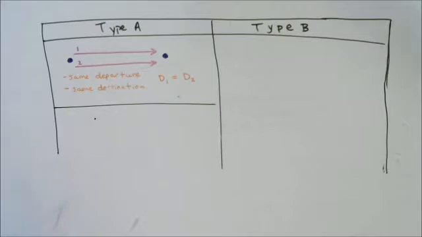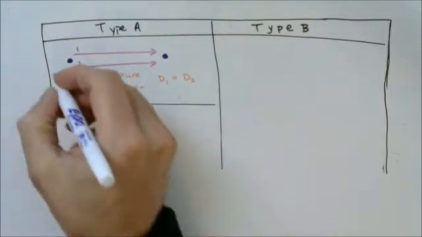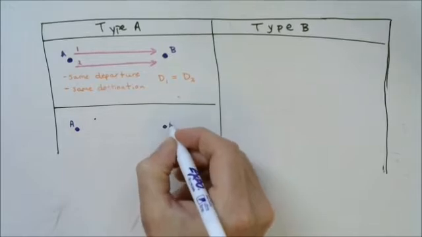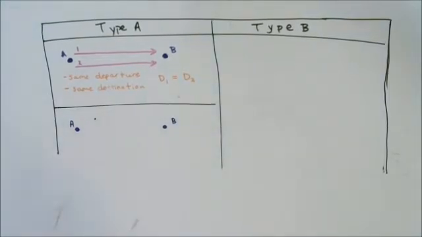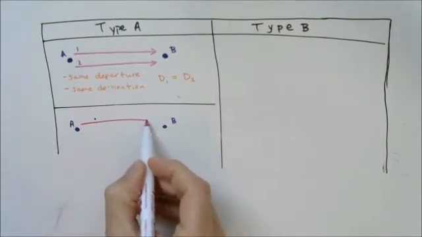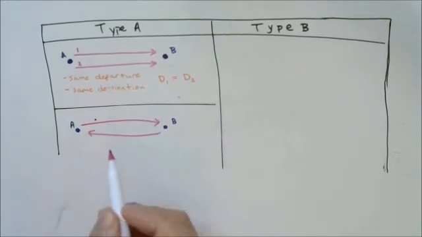Directly underneath that, you have another box, and in that one, we also have point A and point B. But this time, the objects are not traveling the same direction. One of them is going to travel from A to B, and one of them is going to travel from B to A. So again, the distance that they travel is equal.